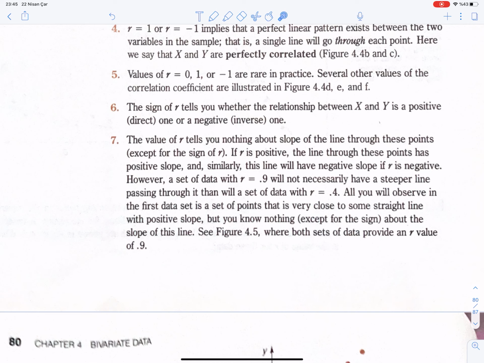Okay, this is a very significant, very important issue related to the correlation. In many books, they try to categorize the correlation. If the correlation coefficient is between 0.1 and 0.3, they say there's a weak correlation.